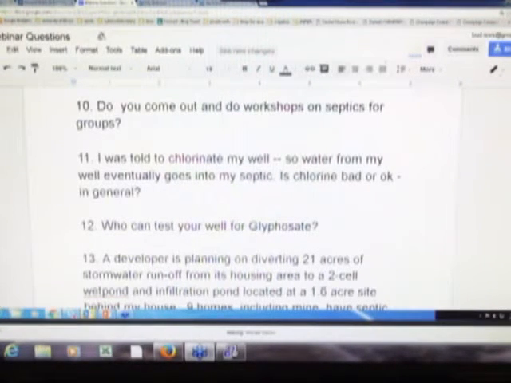It's kind of a catch-22. Probably the amount that you're putting in your well to kill the bacteria is diluted through enough water that it's not going to kill your septic system. But I don't know. You just have to figure out how many parts per million your septic system could withstand, and that's based on how much bacteria is actually being put in the system every day.